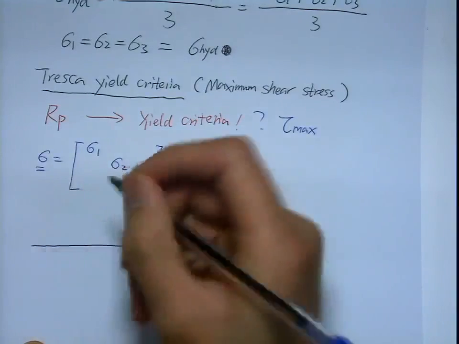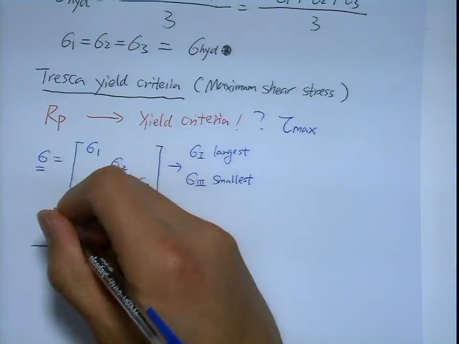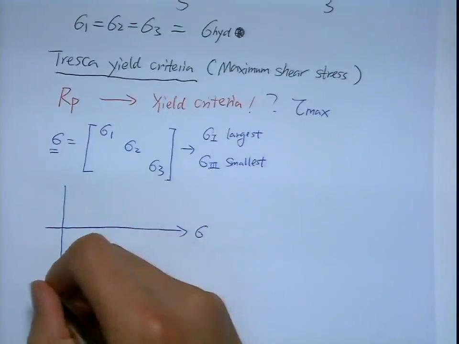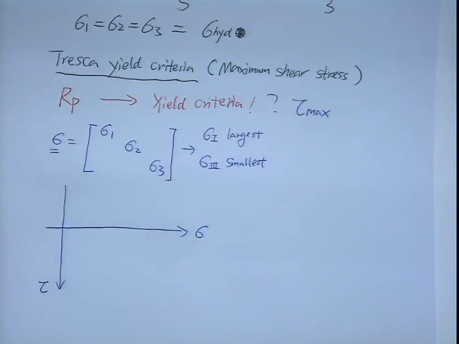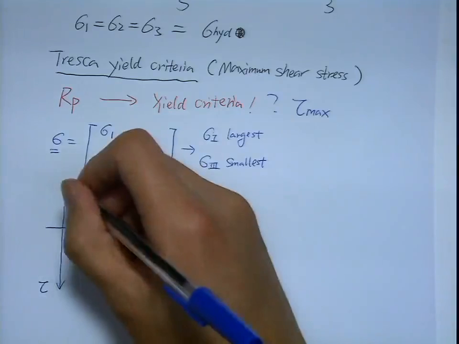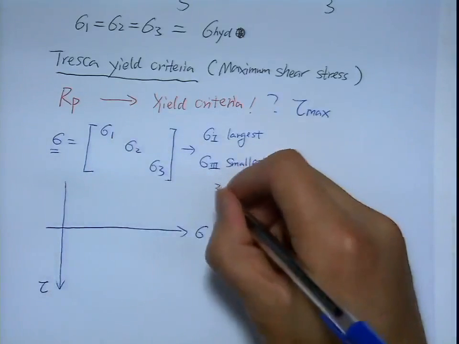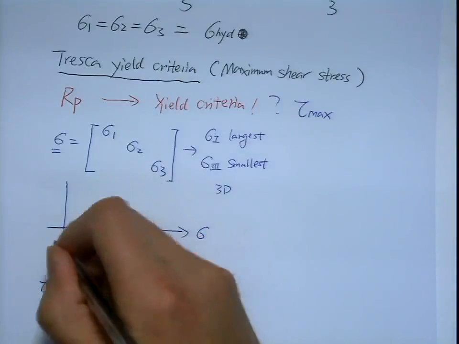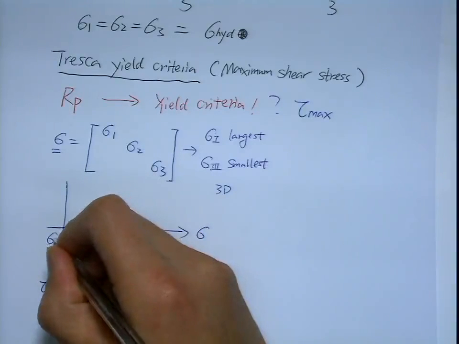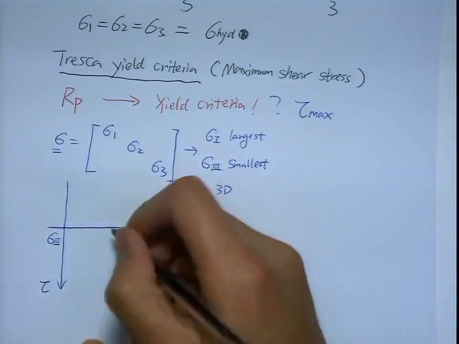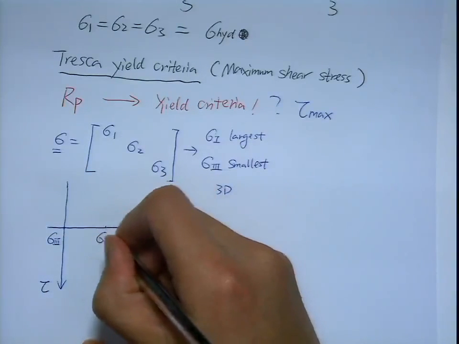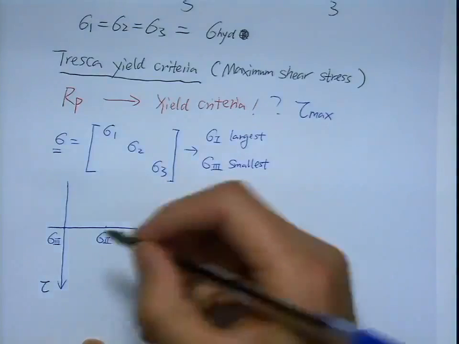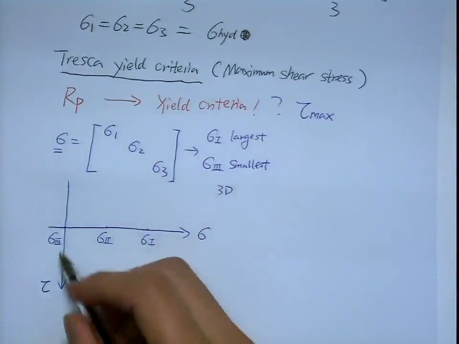Let's say the Mohr circle. This is the normal stress. This is the shear stress. Now it's a 3D problem. Let's say this is sigma 3 and sigma 2 here, sigma 1 here. So for the Mohr circle, I normally do it like this.